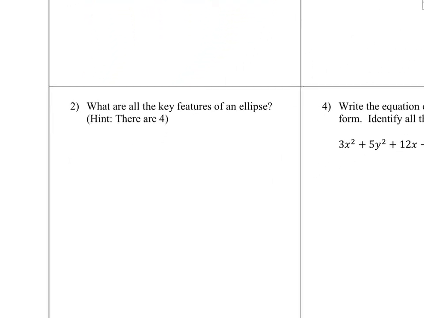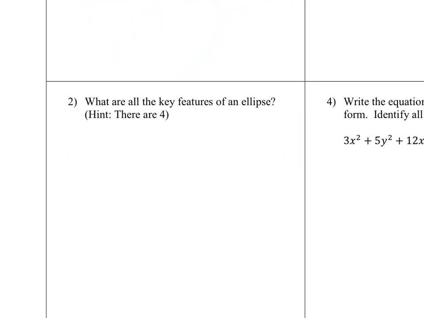Number 2 asks, what are all the key features of the ellipse? The main features that we've been looking at, there's a hint that there's 4. Normally we want to find the center because I'm thinking about how to graph it. I need to know the center. I need to know how much to go left and right and up and down. Those are always called the vertices if it's on the major axis.